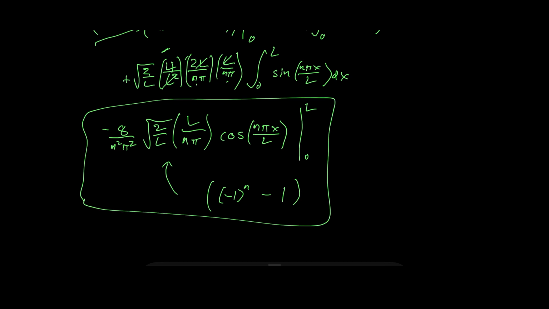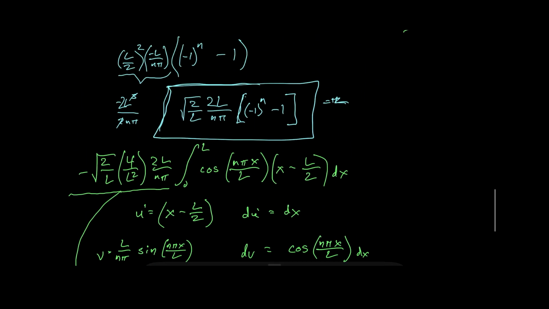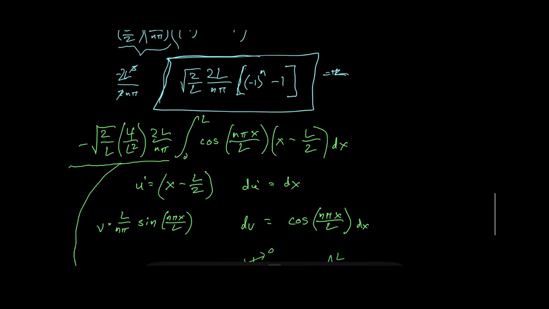Now we just need to put it all together, and that is our answer to the integral. So we get this negative 1 to the n minus 1.